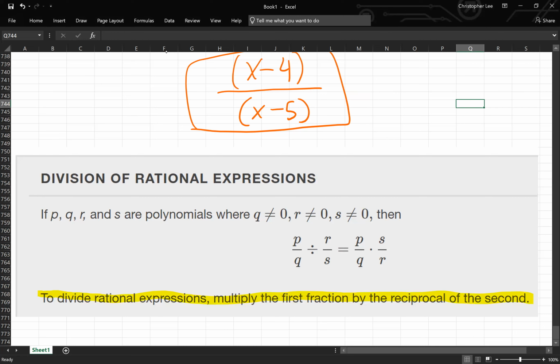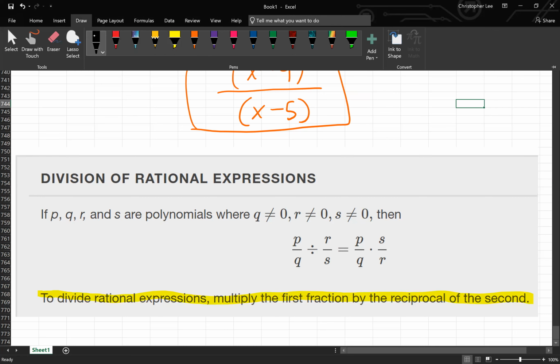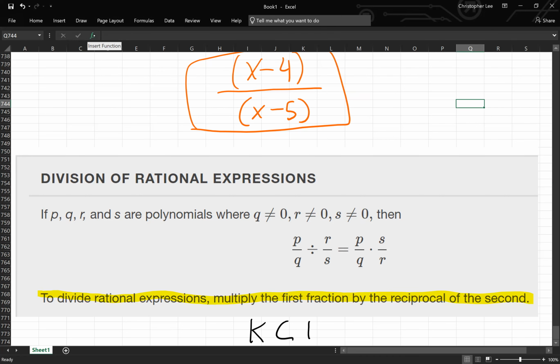Exactly. Keep, change, flip. It's the exact same thing, right? Keep, change, flip. But we did it all already. Remember, the first week on day 2, when we were dividing fractions, it's the same thing. Keep, change, flip.